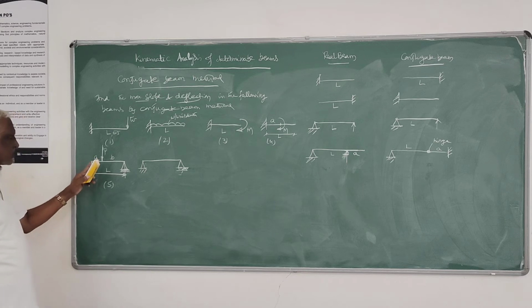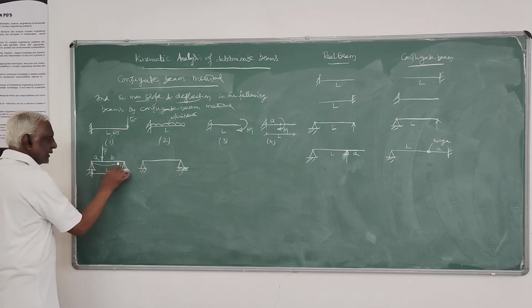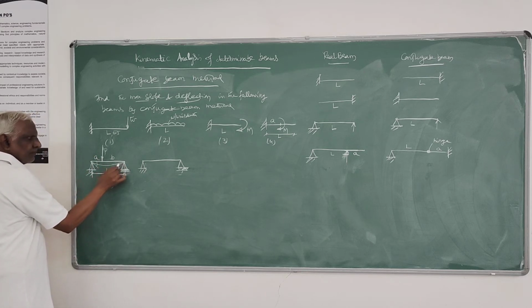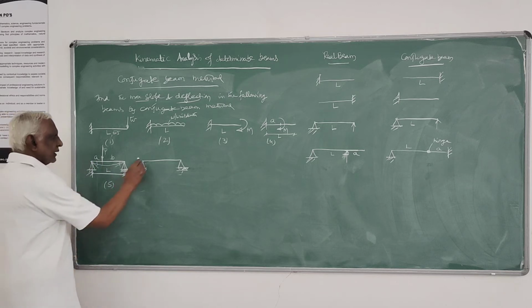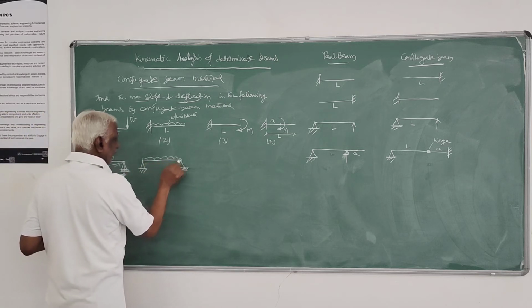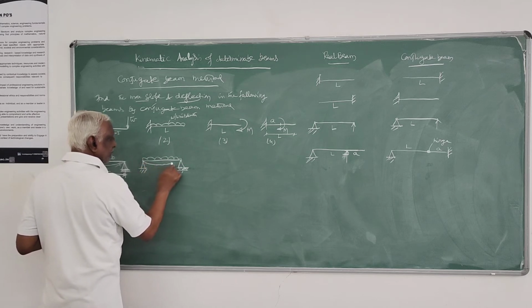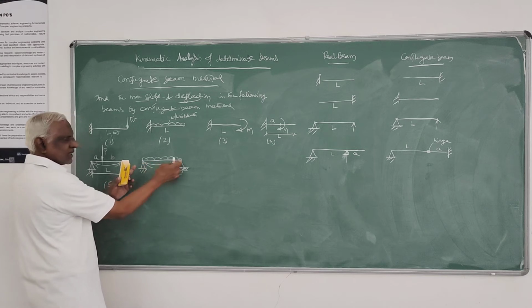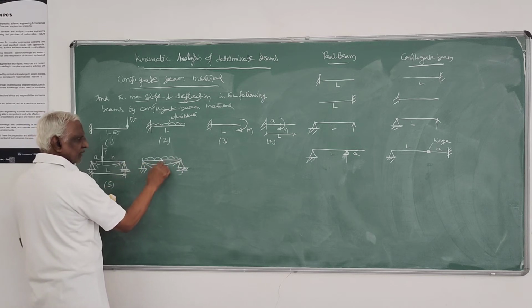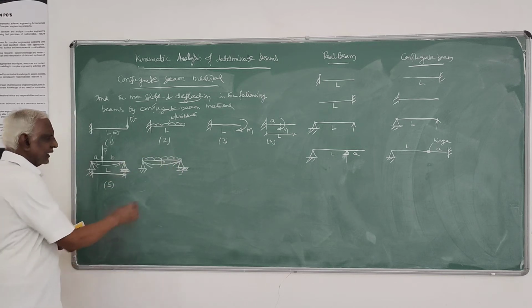Here maximum slope occurs at the ends. Maximum deflection occurs at the center point. Here also, when UDL is there, because it will deflect like this, maximum slope occurs at the ends, maximum deflection occurs at the center.